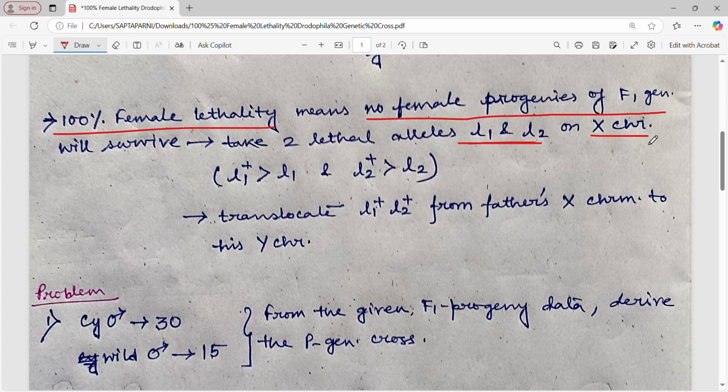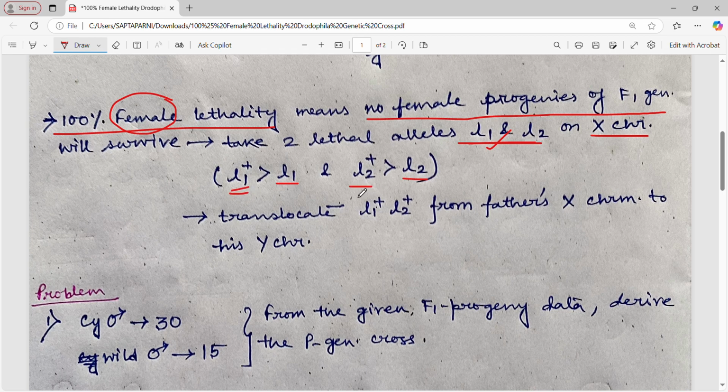And if you have seen my 100% male lethality video, you must know that we have taken two lethal alleles there, L1 and L2. Similarly, we are taking two lethal alleles L1 and L2 here for 100% female lethality also. And you have to remember that these L1 and L2 alleles both are recessive to their wild type forms, that is L1 plus and L2 plus.